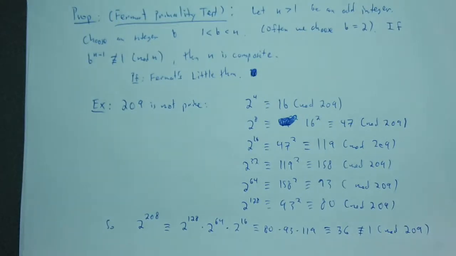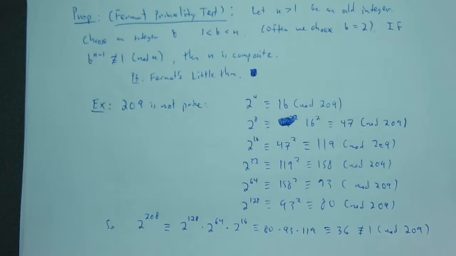Now, of course, 209 is not that big of a number, so if I asked you, without saying anything, to show that 209 is not prime, what would you do? You'd say, well, I only need to check primes up to the square root of 209. That's not that long of a list of primes.